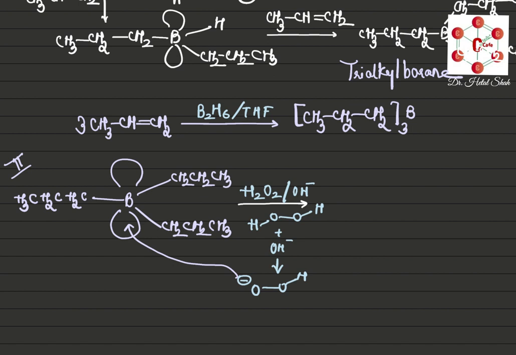You find that there is boron with, I'm just putting CH2, CH2, CH3, CH2, CH2, CH3, CH2, CH2, CH3, and now you will have O, O, and H, and this boron would be negative. Do you agree to this now?